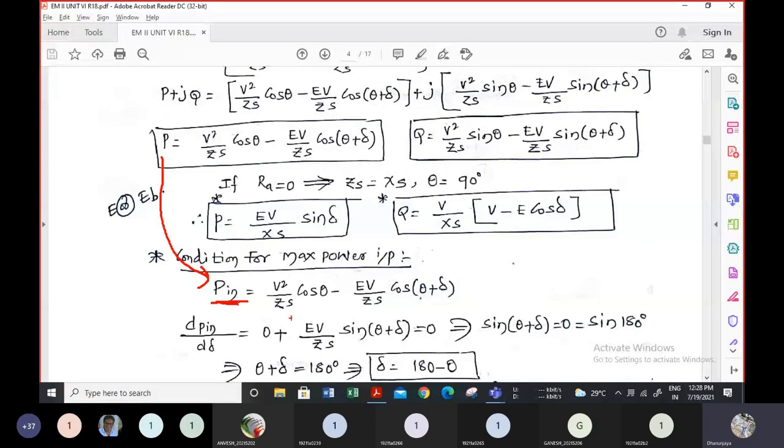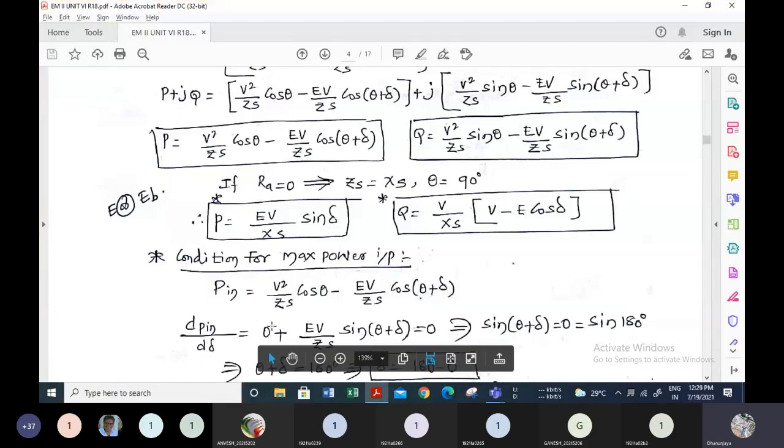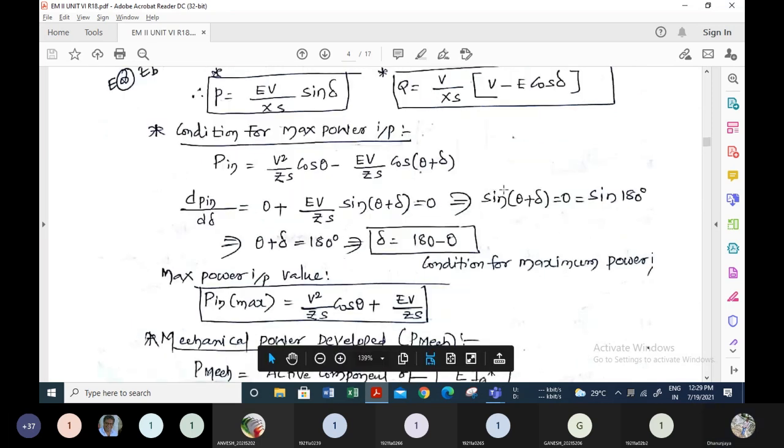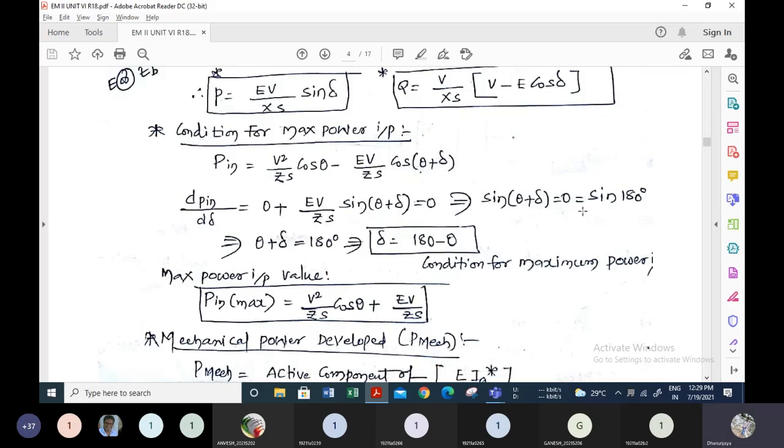Now differentiate with respect to delta and equate it to 0, just as in the maximum power transfer theorem, where I differentiate with respect to RL and equate to 0. In a similar manner, wherever we require the maximum condition, differentiate with respect to the dependent term and equate it to 0. As there is no delta term in the first part, it is 0. We need the simple basics of differentiation. Differentiation concepts are required.